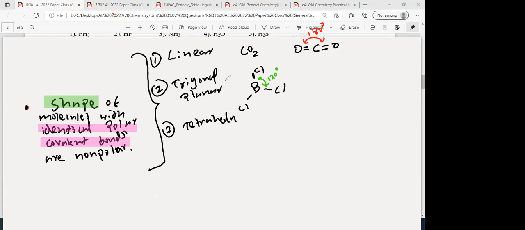For trigonal planar I put BCl3, and it's like this. Right. Then this one, tetrahedral, I put CH4. The bond angle is 109.5.